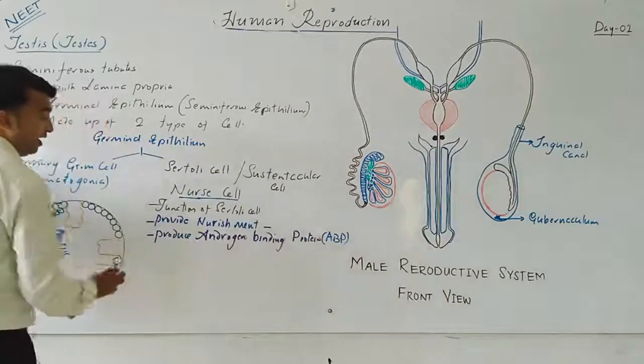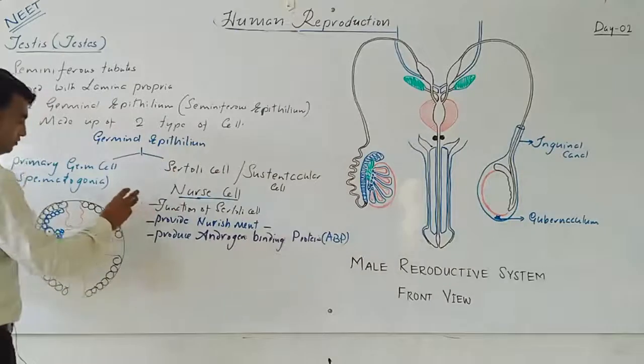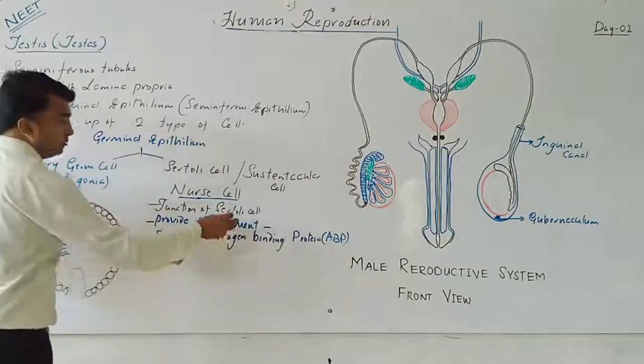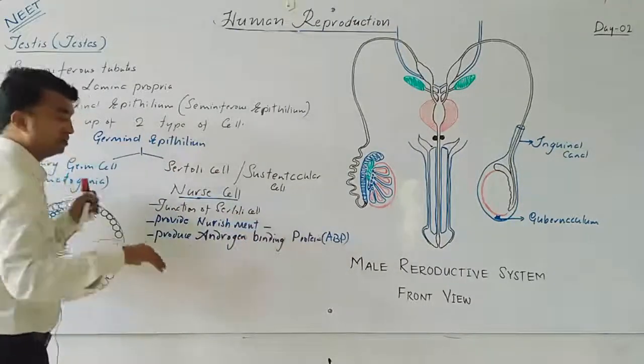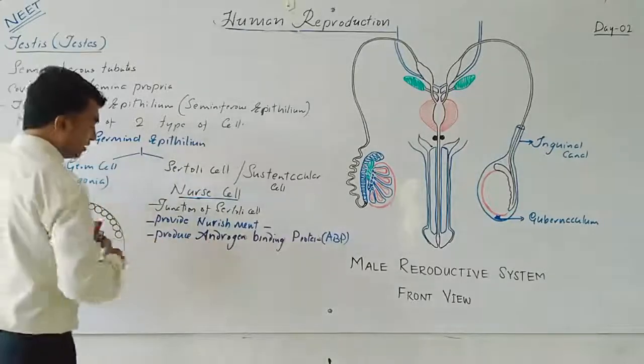The androgen or testosterone produced from the Leydig cell comes and attaches to this androgen binding protein. Then the concentration of testosterone increases. So this produces the androgen binding protein.